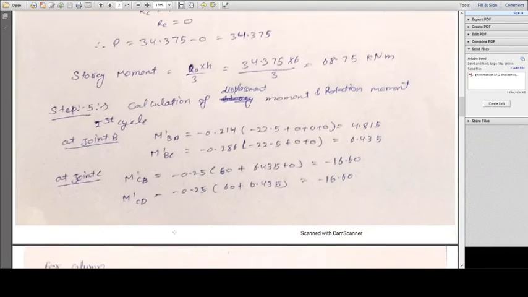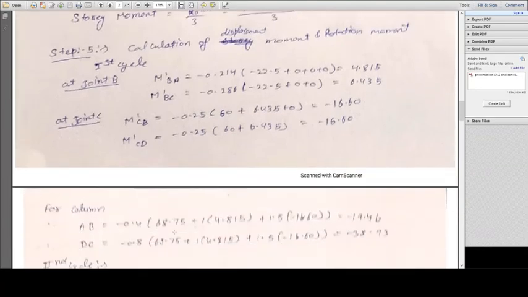Now calculation of displacement moment and rotation moment. For calculating displacement moment and rotation moment, we have to proceed by rotation cycle. At first cycle at joint B, M dash BA is equal to minus 0.214 into minus 22.5 plus 0 plus 0 plus 0, that is equal to 4.815.